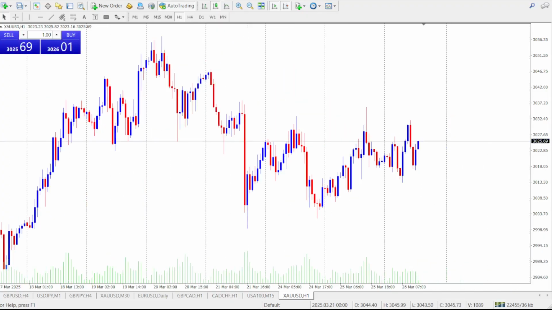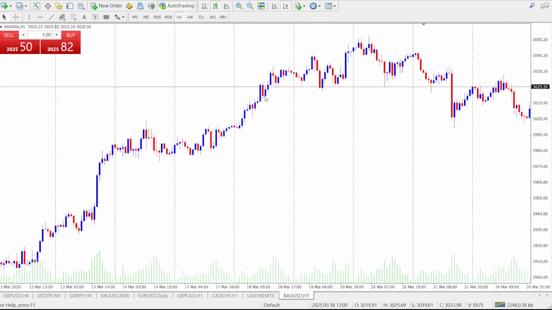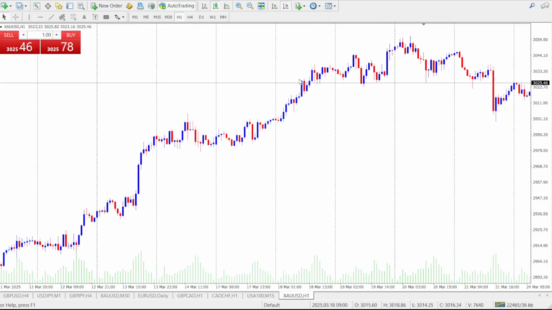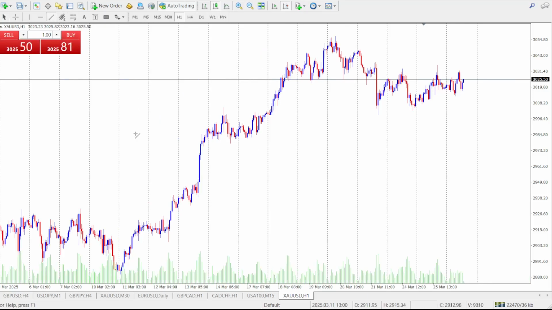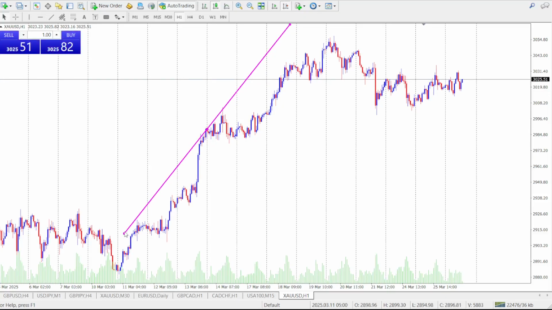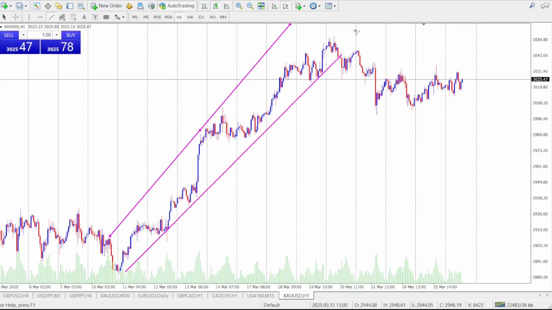Well, the ascending channel pattern is a bullish price action structure whereby the market forms higher highs and higher lows, moving within an upward sloping channel.